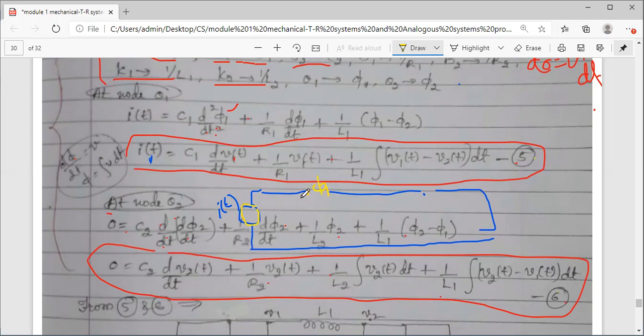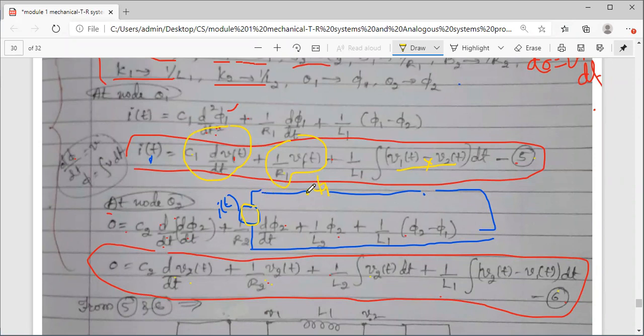So check in equations 5 and 6. C1 is having voltage V1. This R1 term is also having V1. Third, no, it's a shared term, will not consider. Only two, I guess. The rest of the terms in equation 6, if you observe, all are having V2 voltage. So C1 and R1, two terms are there.